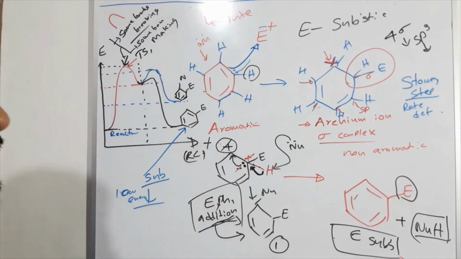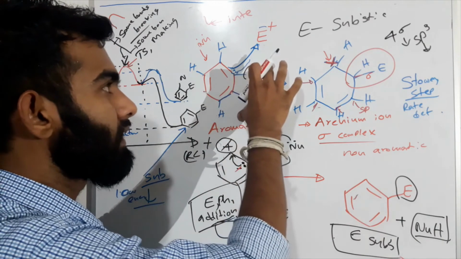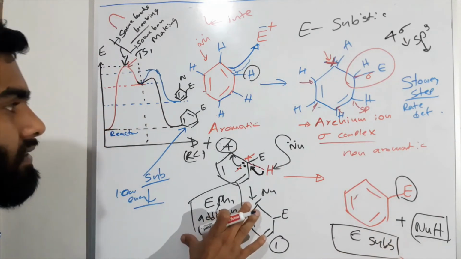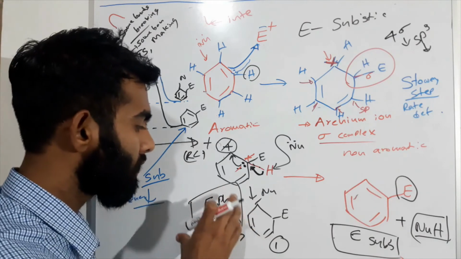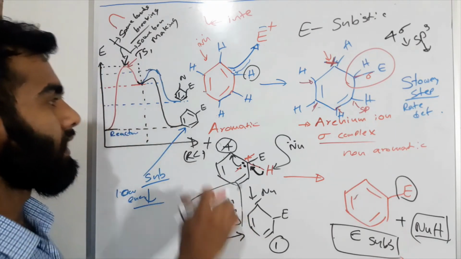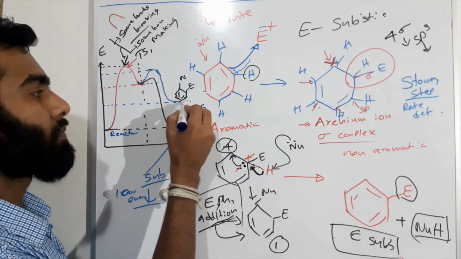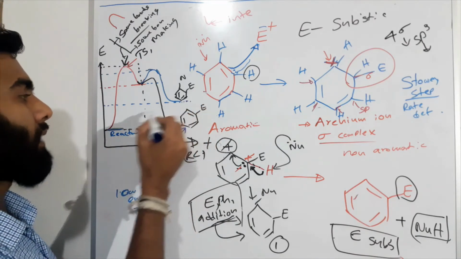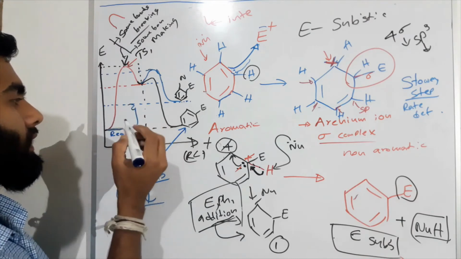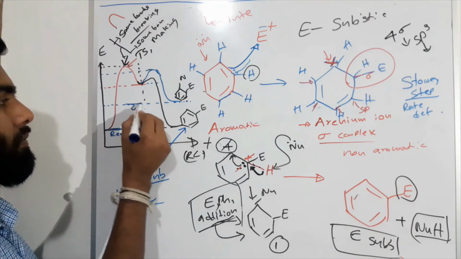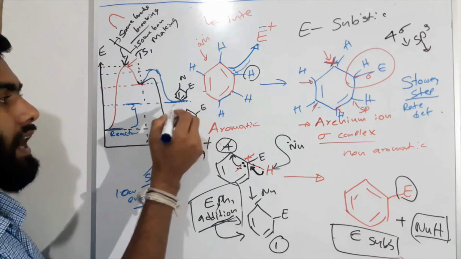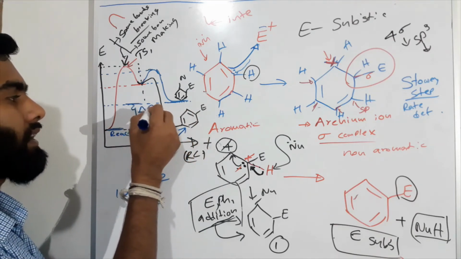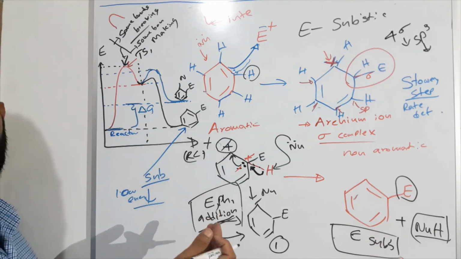That's why benzene prefers electrophilic substitution reaction rather than electrophilic addition reaction, because if electrophilic addition happens, the energy of the product is higher than the reactants. So it will absorb the energy gap between reactants and product of the electrophilic addition reaction. So its delta G is higher.